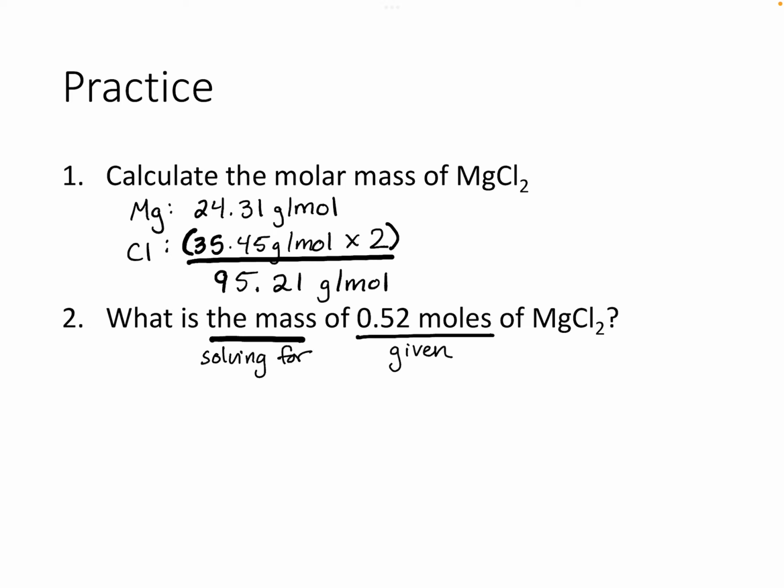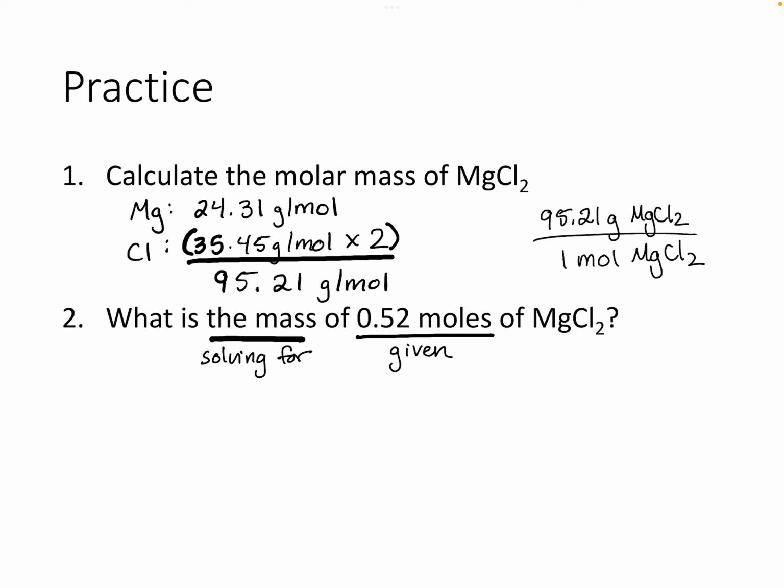And remember, we can use the molar mass up above as a conversion factor. So we could write this as 95.21 grams of magnesium chloride over 1 mole. Or we could flip it if we are solving for moles, right? But in this case, we're solving for mass, so we'll leave mass in the numerator.